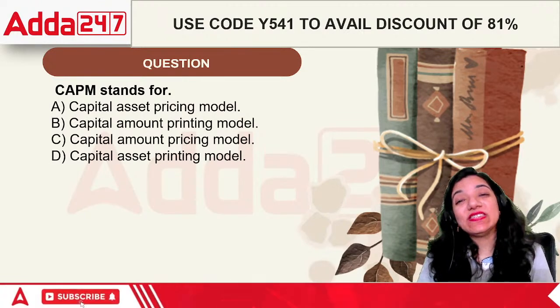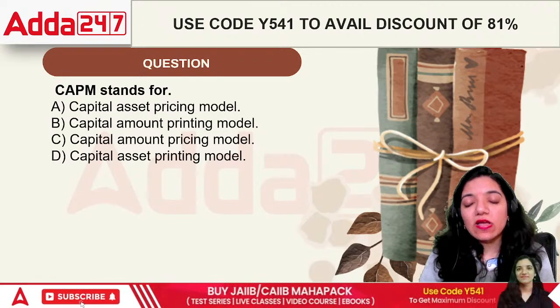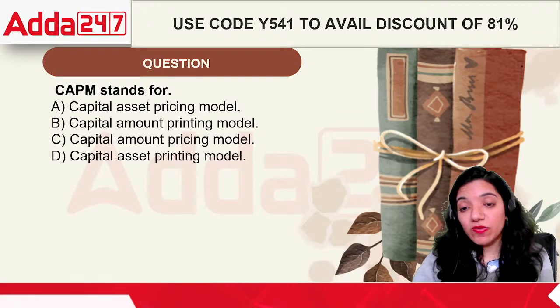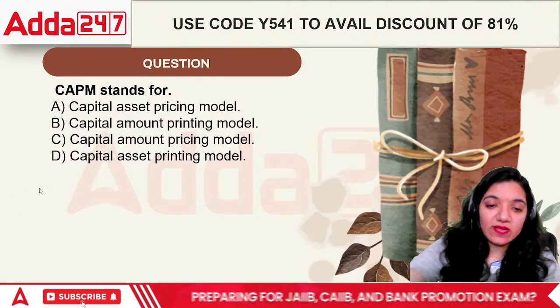Under CAPM we can find out the value of the risk adjusted rate of return. How do we find this particular rate of return?